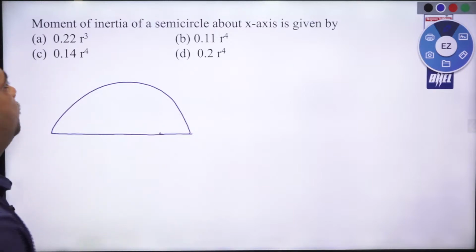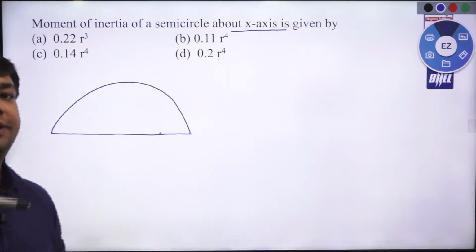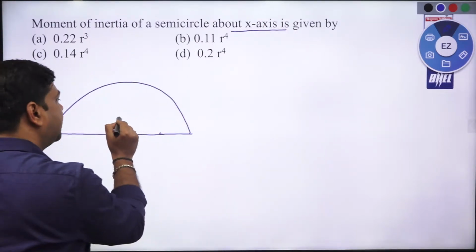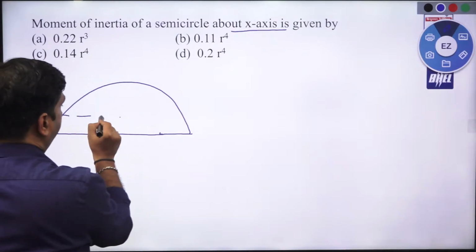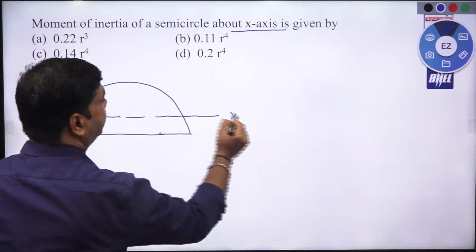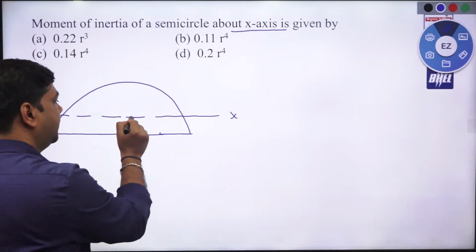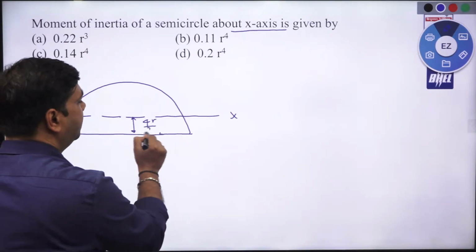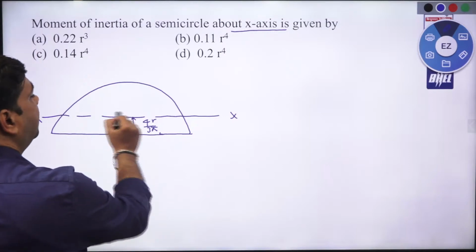If this is given as the moment of inertia of a semicircle about the x-axis, it means it is giving the moment of inertia about the centroidal axis, lying at that point. So this is the x-axis, and the distance between them is 4r/3π. So this is asking us to find the moment of inertia about this centroidal axis.